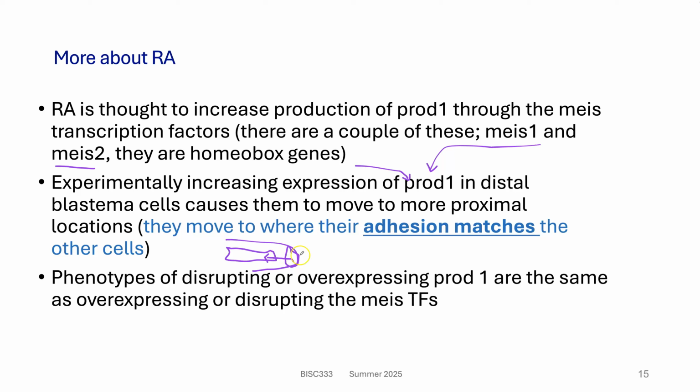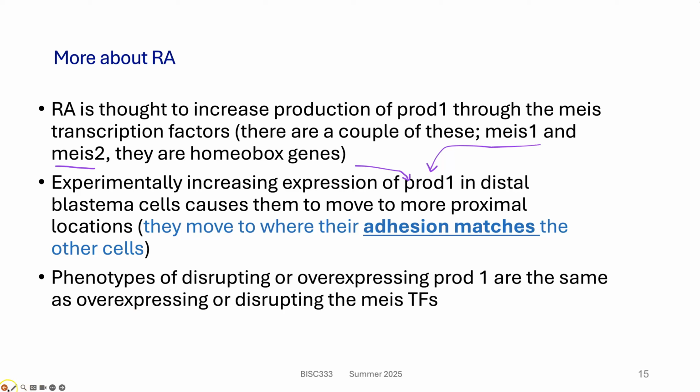As limb outgrowth is taking place, if you activate PROD1 in this distal region, they will actually start migrating back to the more proximal location where their adhesion matches. So where the amount of PROD1 that they're expressing matches the amount of PROD1 that the cells around them are expressing, which is quite an interesting observation.